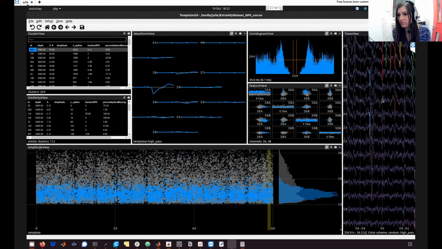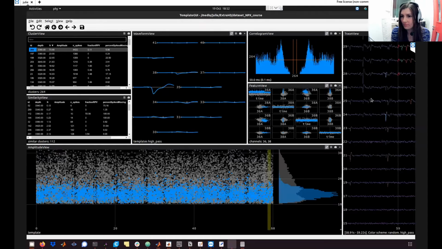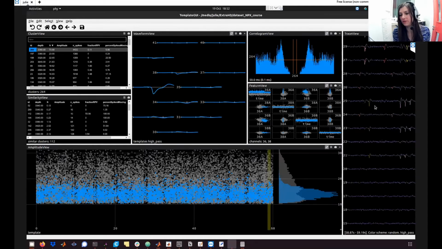This view shows you all your raw data. And you can see one of the spikes for this unit here in blue in the raw data. You can toggle and look at different spikes for that unit to try and get a sense of what the raw data looks like.